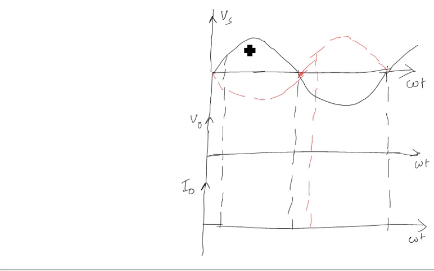So this is my positive half cycle. I will assume that this black line is my VAB and the red line is my VBA.